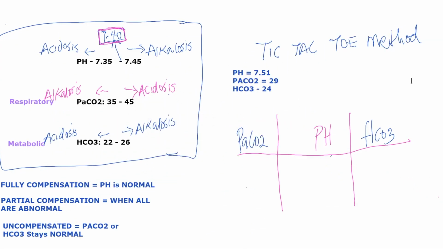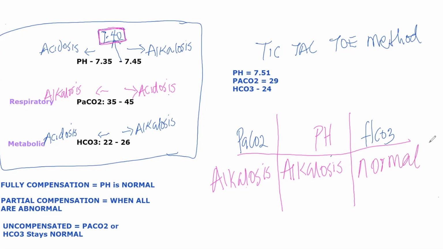All right, another example, we have a pH of 7.51. A pH of 7.51 is what? It is alkalosis. We have an alkalosis situation. And a PaCO2 of 29 is also alkalosis. And the HCO3 of 24 is normal. All right, so what imbalance do we have going on?